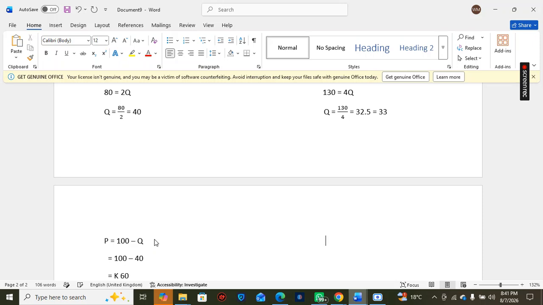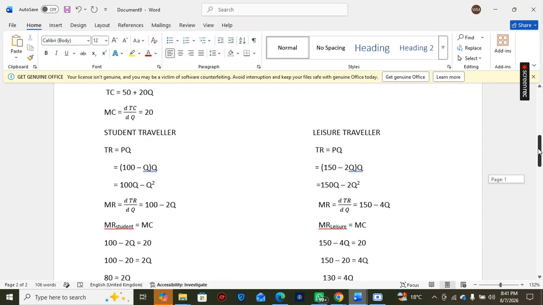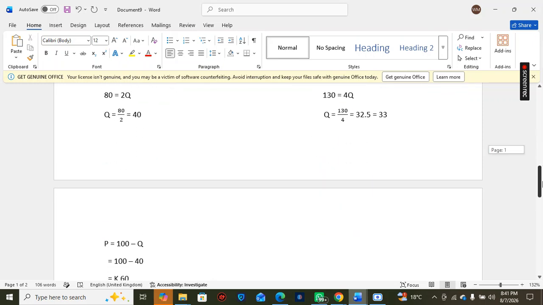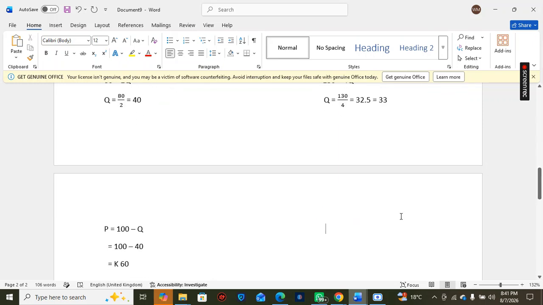Okay. For the leisure travelers, P is 150 minus 2Q. P equals 150 minus 2Q.